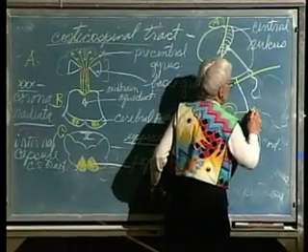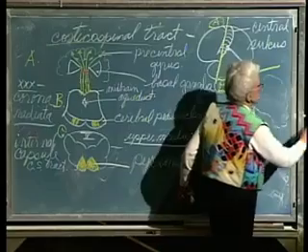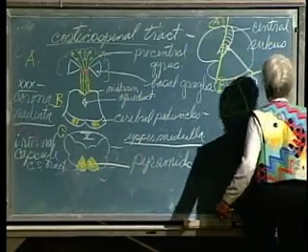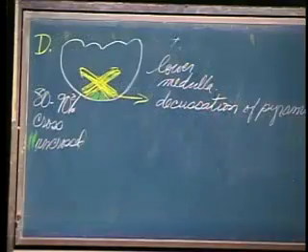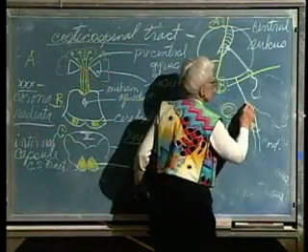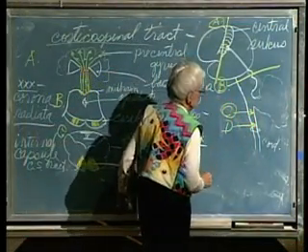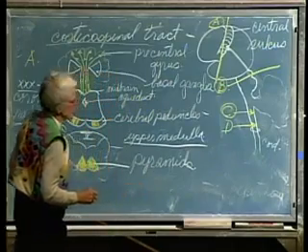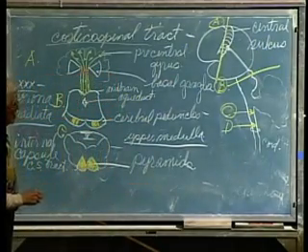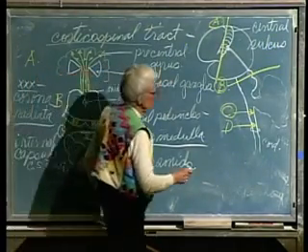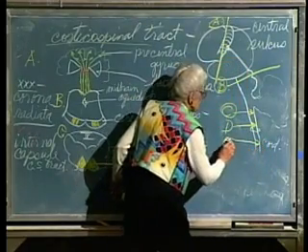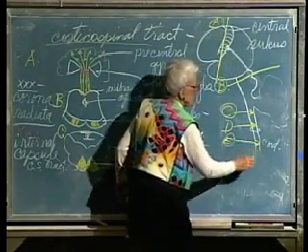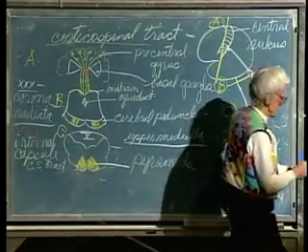And then D is lower medulla. So we get them from all directions, so you become familiar with them. So our next one will be E, will be spinal cord. We've reached our destination.